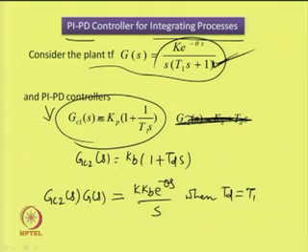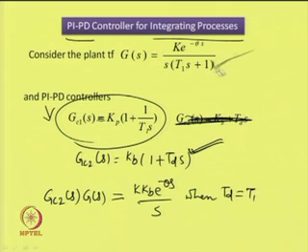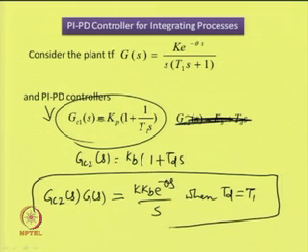So, that is where we are choosing a convenient form of the controller GC2(s). The GC2(s) is defined in this form for the sake of cancellation of the zero of the controller with a pole of the process. Then the inner loop gain of the system is given by K Kb e to the power minus theta s upon s, when TD is equal to T1.